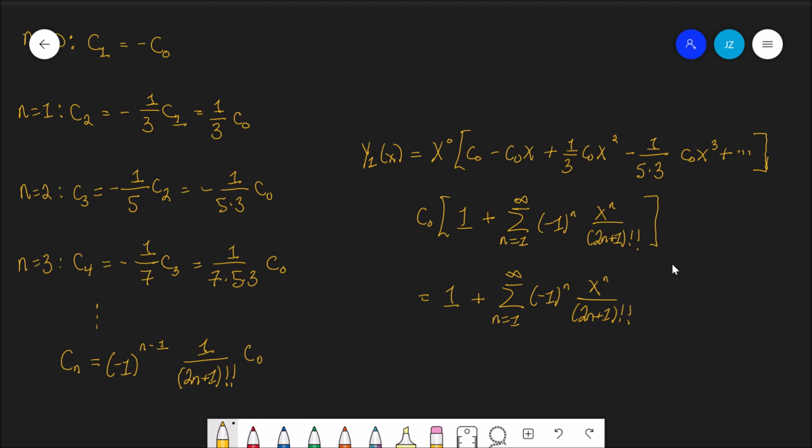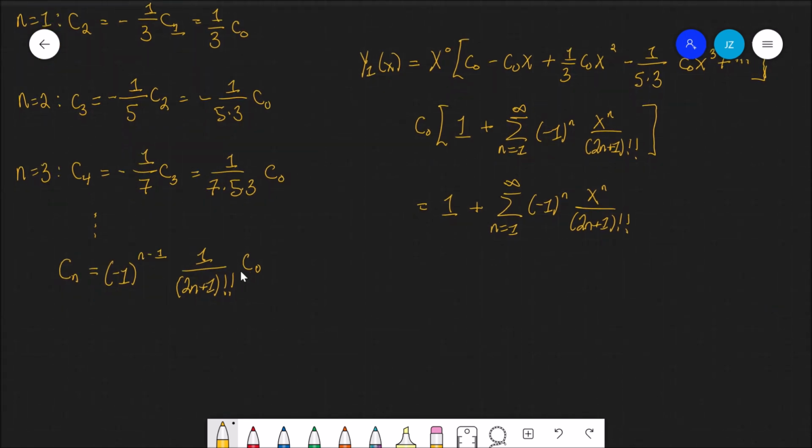We now have to determine the radius of convergence. Well, 1 obviously converges for everything, so we just have to determine the radius of convergence here. And if you remember from Calc 2, we use the ratio test to do this.